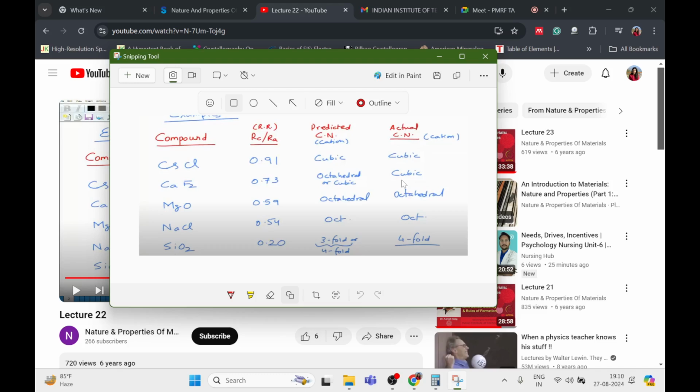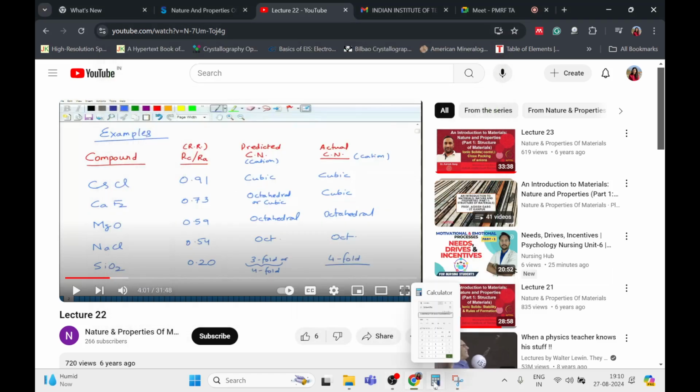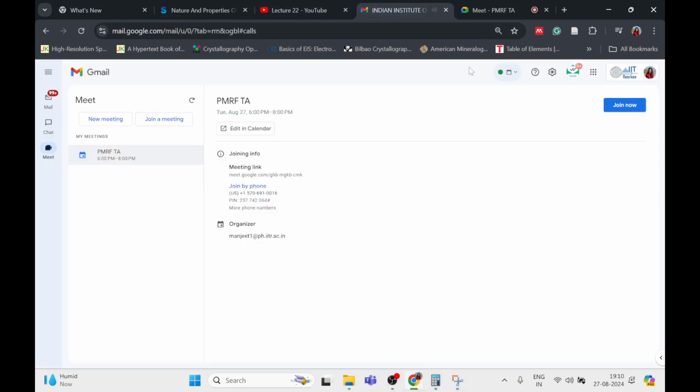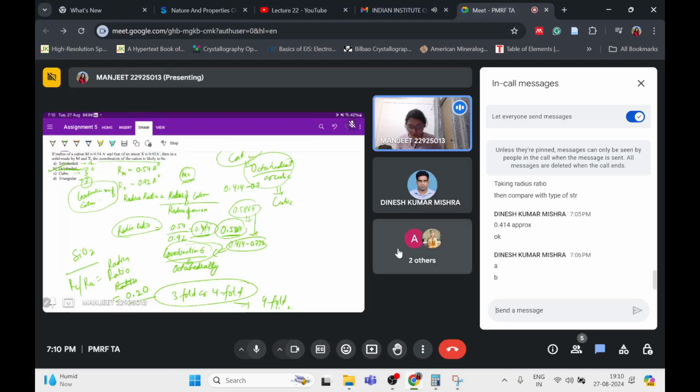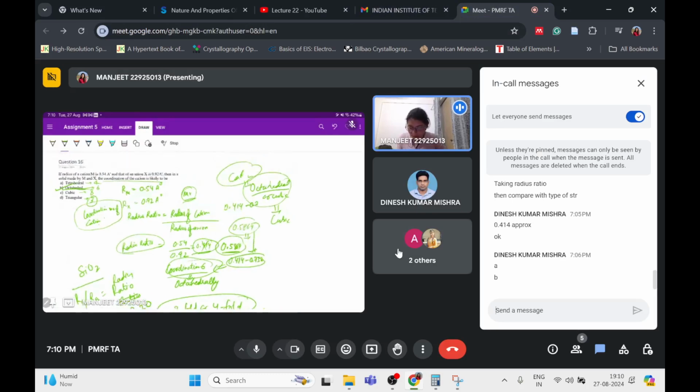So these are a few exceptions, otherwise all atoms follow the radius ratio rule. So this is about the radius ratio.